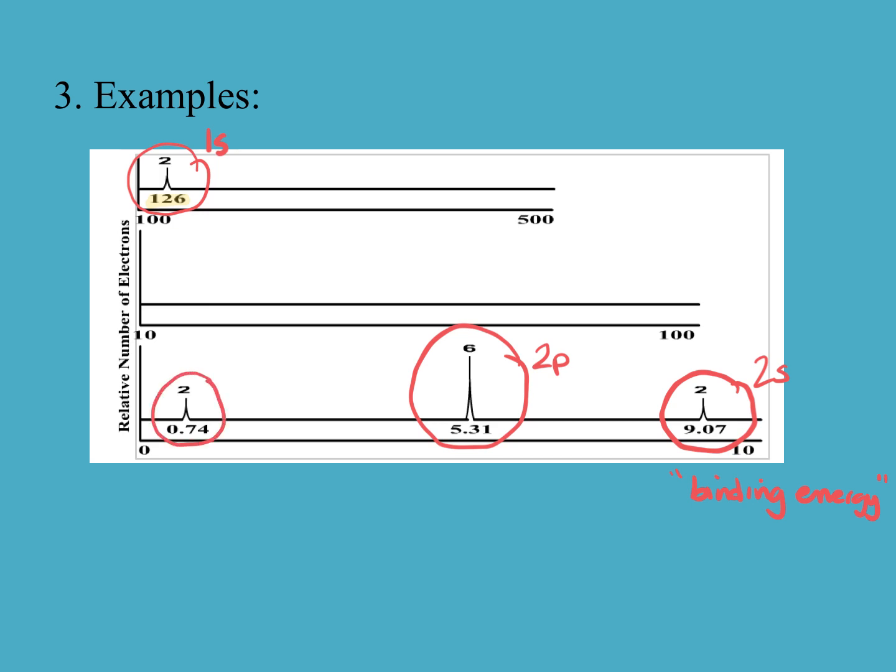This one would be the one with the lowest binding energy, which would be the valence electron of that particular atom, 3s. So we can go ahead and write the electron configuration as 1s2, 2s2, 2p6, 3s2, and we can use that to identify what element that would be. If you look at the periodic table, that should be the magnesium PES that we're looking at.